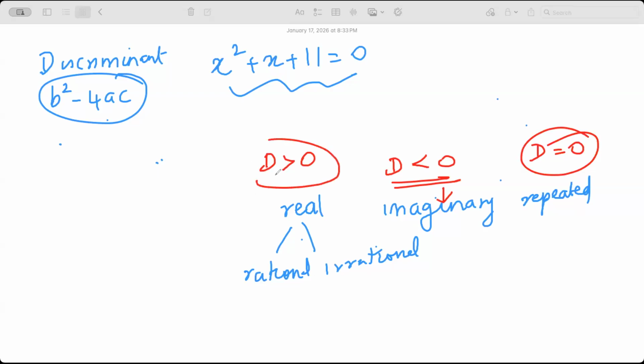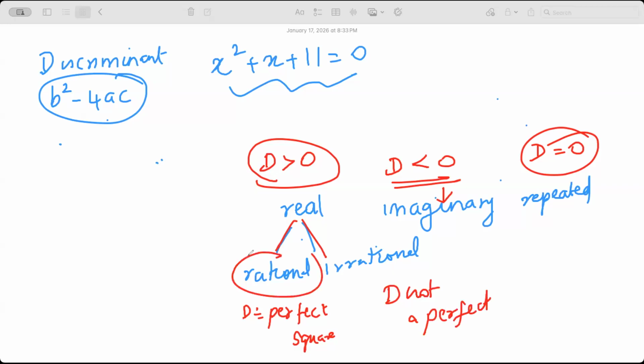D greater than 0 means it can be rational or irrational, depending on whether D is a perfect square. If D is a perfect square, then the roots are rational and distinct. If D is not a perfect square, roots are irrational. Make sense?